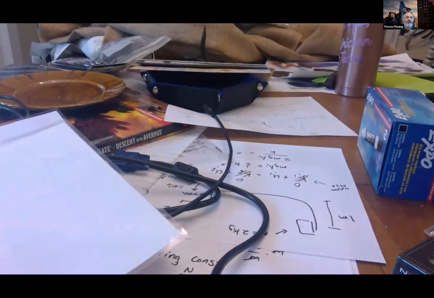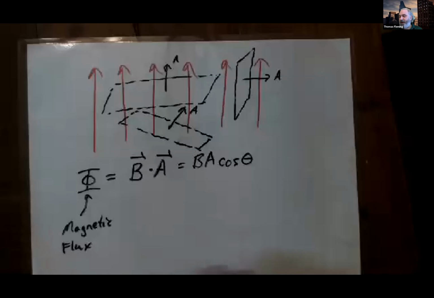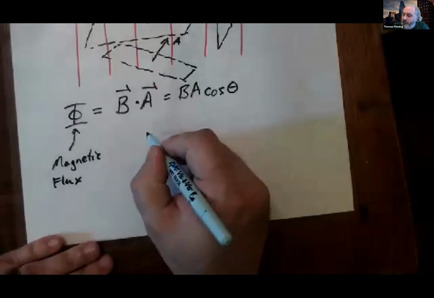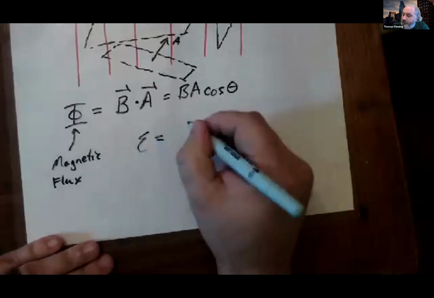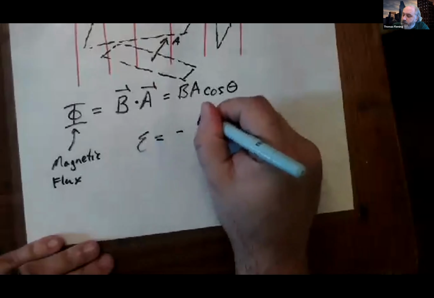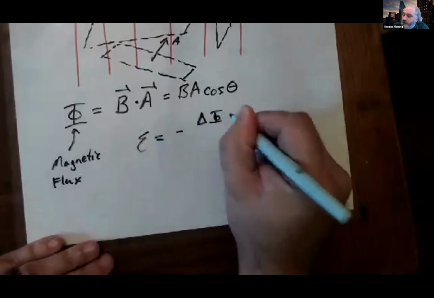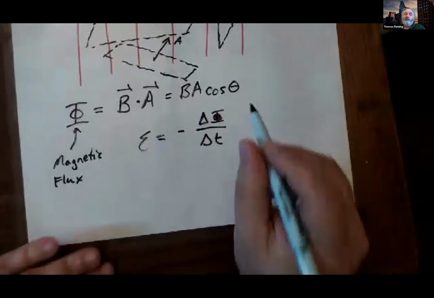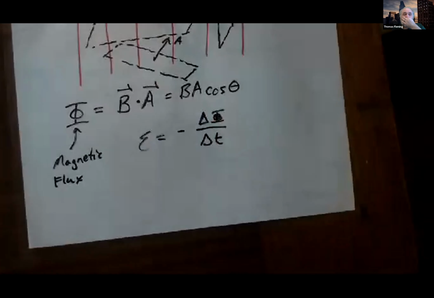He formalizes this, and thus is born the concept of Faraday's law of induction, which, if we write it out, says that... so there's some terminology that we're going to have to get clear.